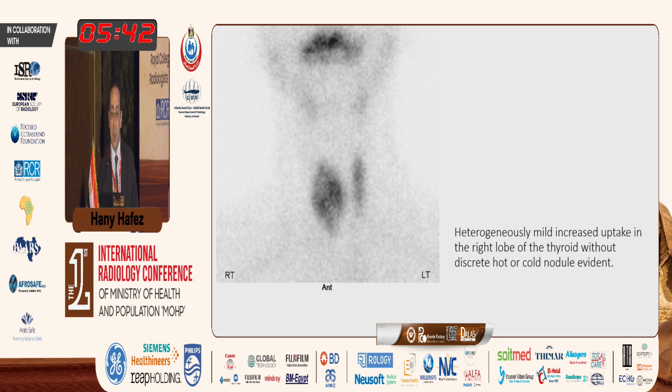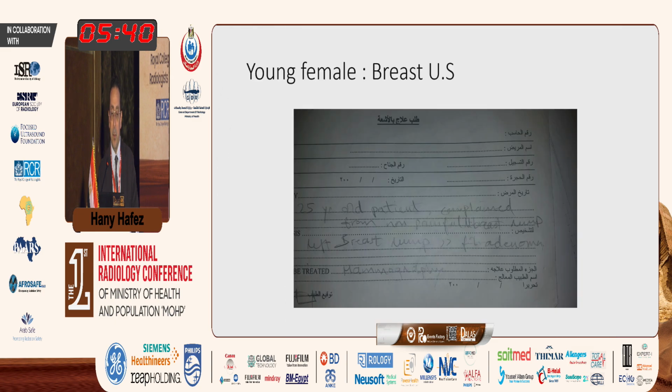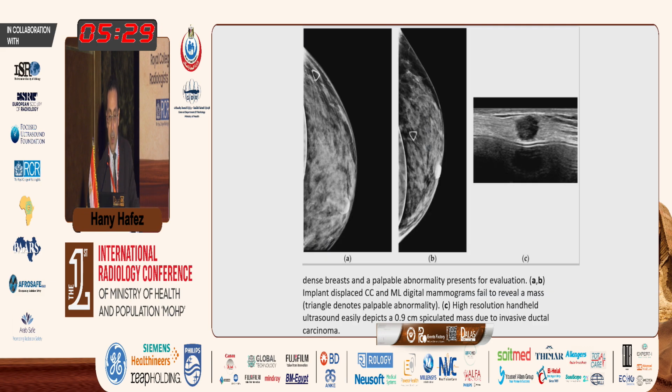That is isotope scanning. For a young female, the first imaging modality is breast ultrasound and not mammography. In dense breasts, as we see, it is harder to see the focal lesion, but in ultrasound it is very easy to detect that lesion.